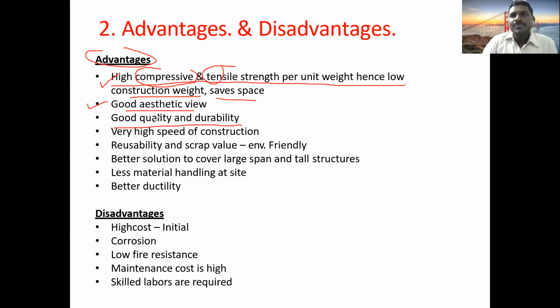So quality, why good quality? Why would the quality of steel be good? Anyone can tell me? Anyone? Good quality steel. Where is steel manufactured? In industry.